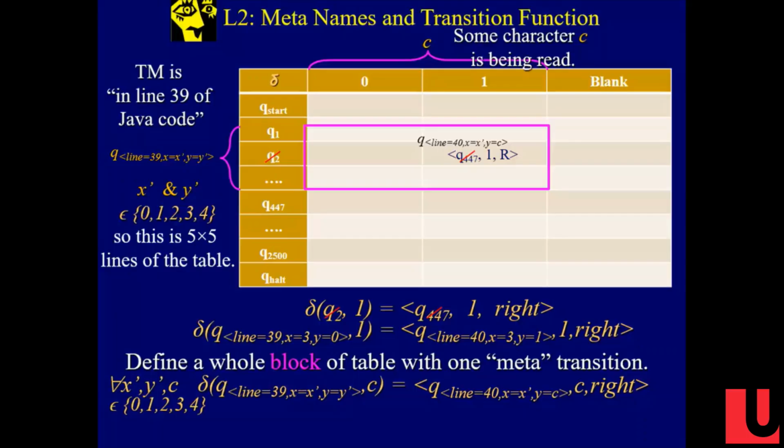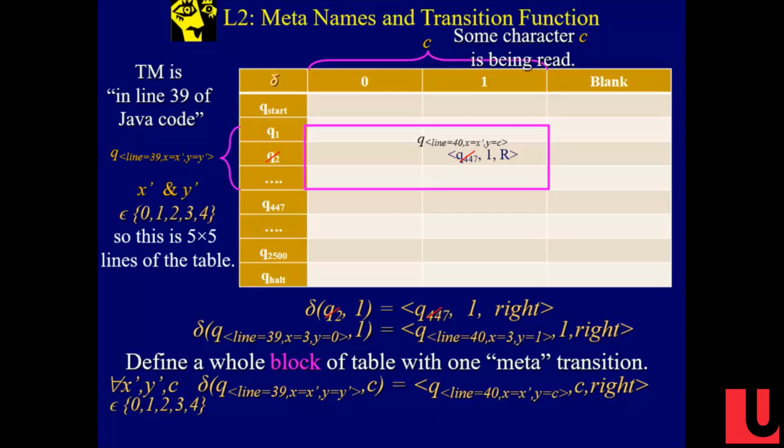Did you, in this step, change the range of C or range of Y? Before the range is from 0 to 4, after that it is 0 or 1. Yeah, but it's a sub-range. And maybe you're right. Whenever you're in line 39, how many states do I need?